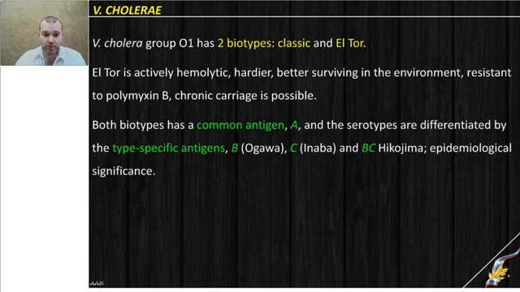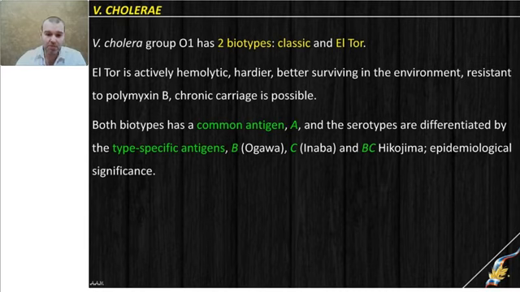According to the structure of antigen, both biotypes, classic and El Tor, have one antigen which is common and found in any strain. It is antigen A. But one more antigen has a variable structure in different groups, and it was identified in two modifications named B and C. And actually nowadays we have three serotypes of the O1 serogroup: Ogawa, Inaba, and Hikojima.